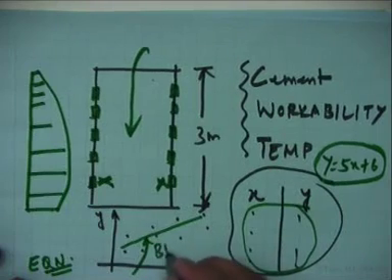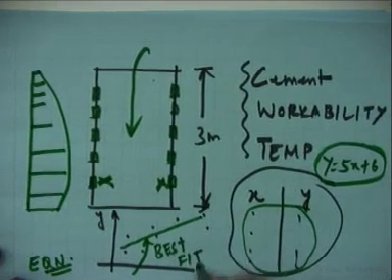So, all those data they collected, they tried to plot it, and then they tried to develop certain equations. Now, using these equations, they are able to find pressure under different temperature conditions, different rates of rise, different workability conditions, different cement types, and that is what we are going to learn now.